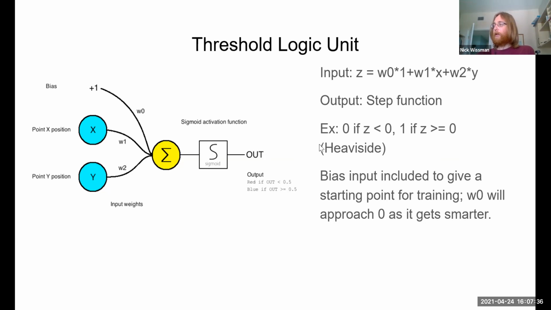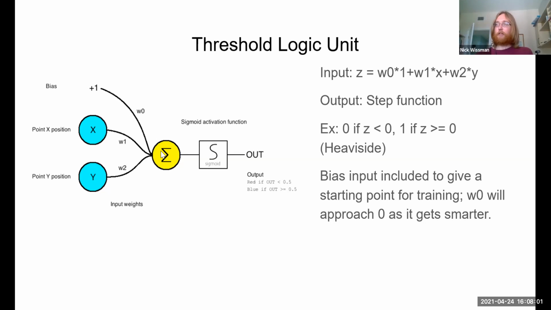So when learning, the specific type of network that I'm going to talk about starts with a bias input, just to give it a starting point for training, so that initially it starts making decisions, and they have to be based on something. So it just always decides that this input is always going to be happening.